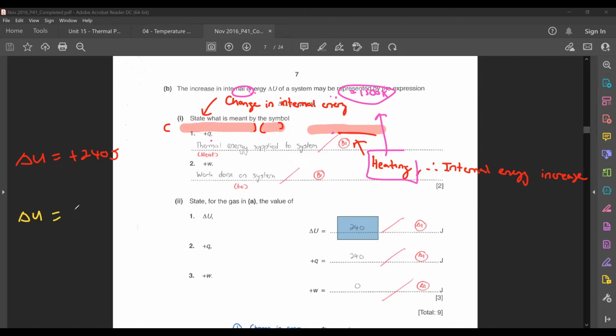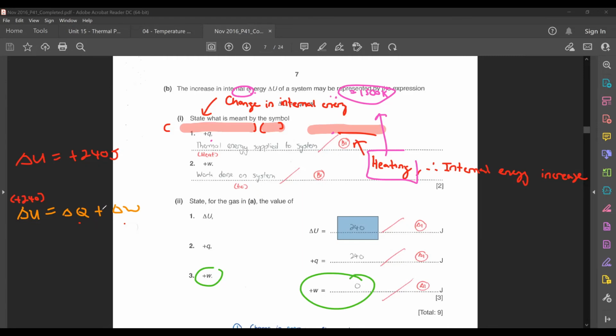Delta U is delta Q plus delta W. Delta U is delta Q plus delta W. So this one I already know is plus 240. So I need to find out these other two. Now, it will be easier to start off with the delta W.